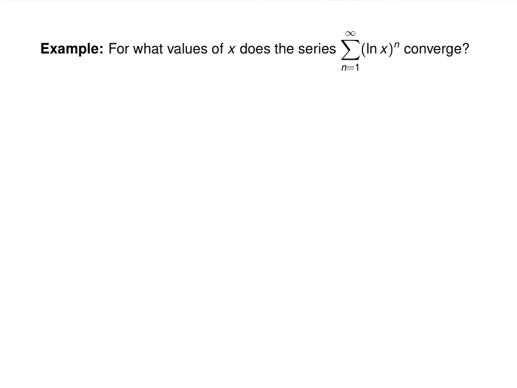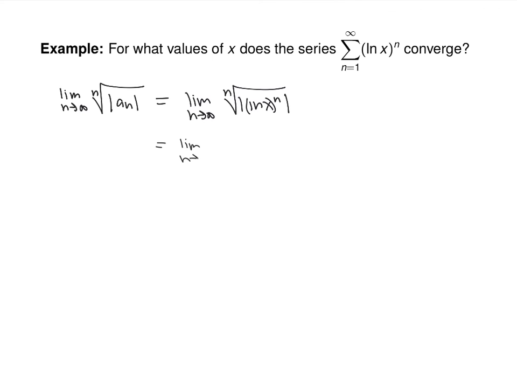And lastly, one application of the root test. For what values of x will this series converge? Well, this series will converge if the limit as n goes to infinity of the nth root of the absolute value of a_n is less than 1. So the nth root of the absolute value of ln x to the n will equal the limit as n goes to infinity of the absolute value of ln of x, and that's just a constant, so that's just the absolute value of ln of x.